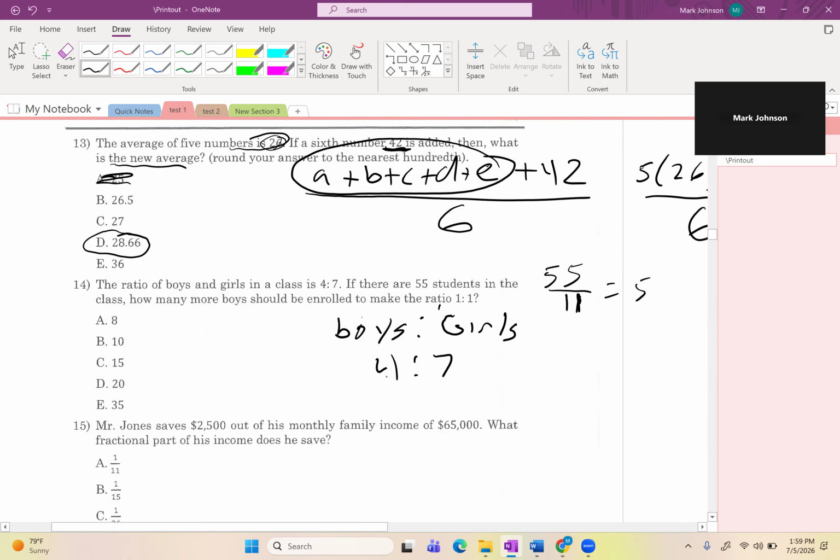Entonces, multiplicamos este radio de chicos y chicas por 5. Entonces, serán 20 y 35. Entonces necesitamos 15 más chicos para que sea igual.